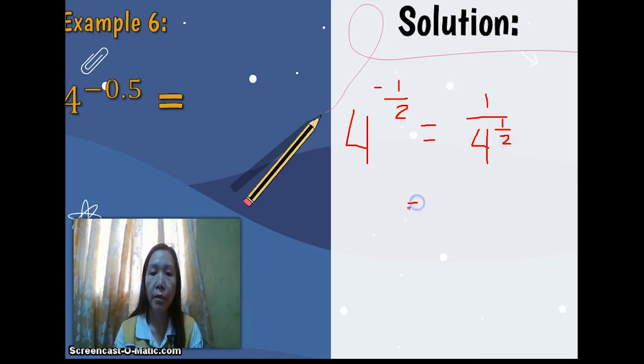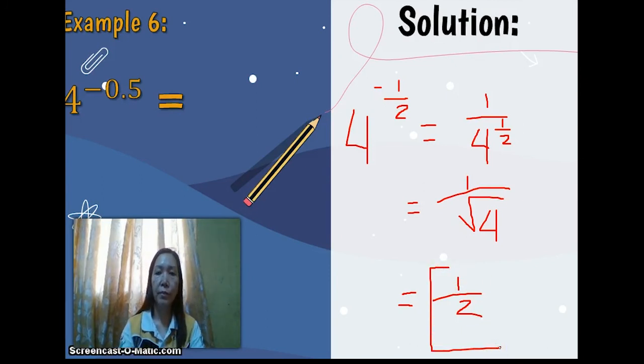So we have 1 over the square root of 4. Without doing the factor tree, we already know that the square root of 4 is equal to 2. So 4 raised to negative 0.5 is equal to 1/2.